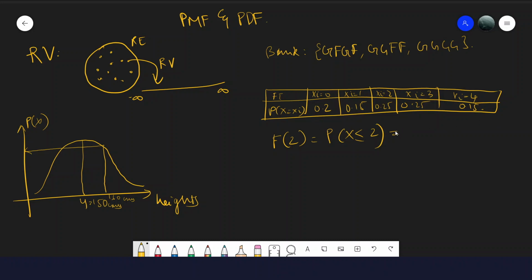So the probability of observing fraudulent transactions less than or equal to 2 is 0.2 plus 0.15 plus 0.25, which is 0.6. Okay, so there's a 0.6 probability that I will observe 2 or fewer fraudulent transactions in a day.